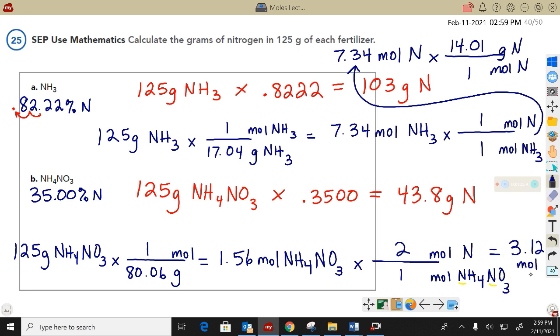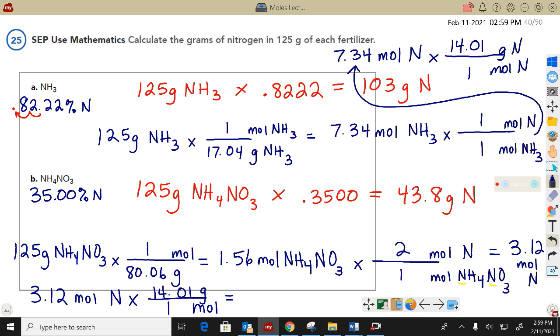moles of nitrogen. And then I could take that 3.12 moles of nitrogen, cancel moles, put it into grams. 1 nitrogen was about 14.01 grams.